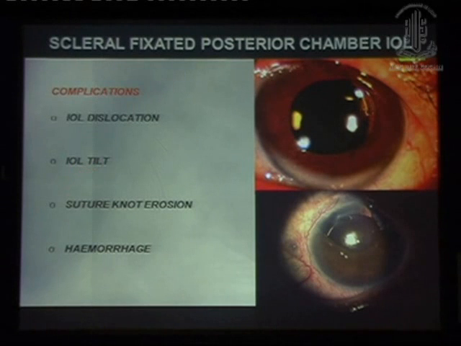This can act as a tract for infection to go inside the eye, and can be largely avoided by sliding the sutures under the flap or under the tunnel. Hemorrhage is common if you go beyond 1.5 to 2 millimeters beyond the limbus. Other complications like increased IOP, CME, RD, and uveitis are common with this procedure.